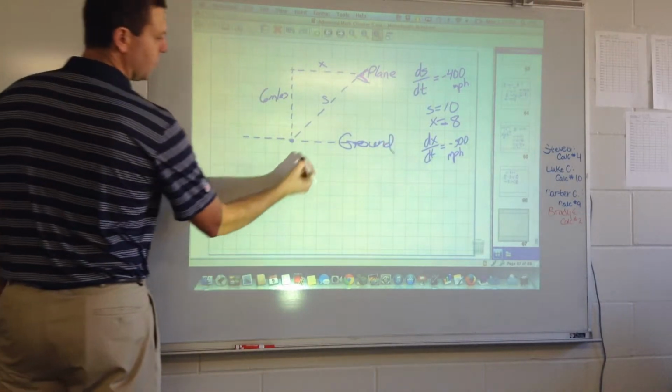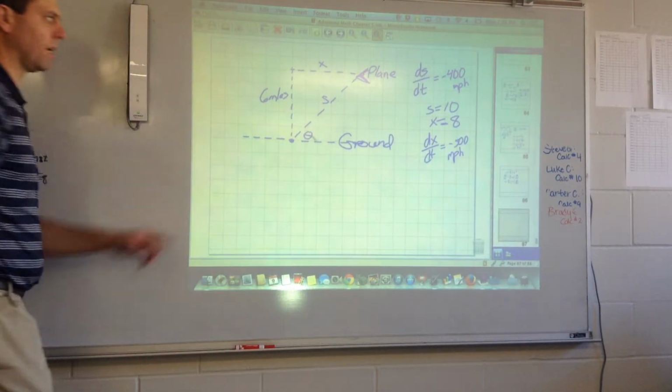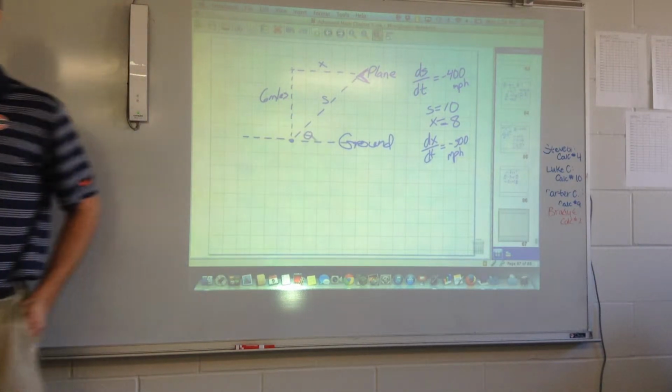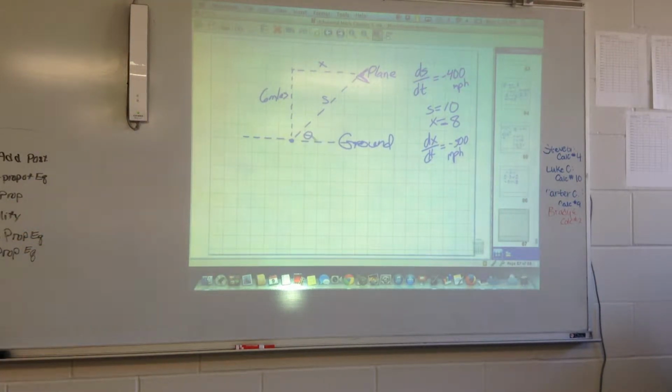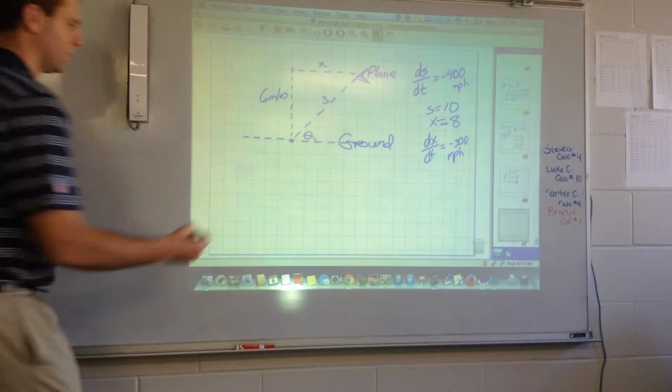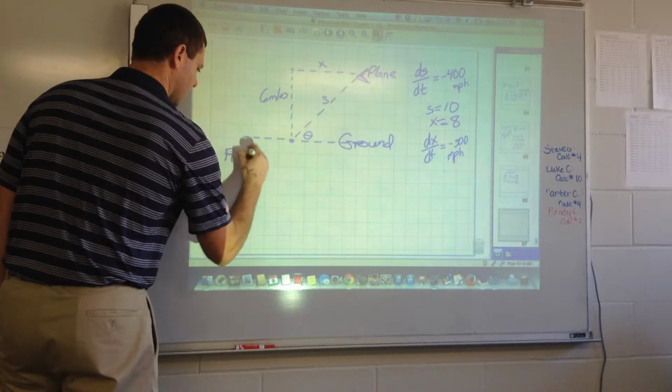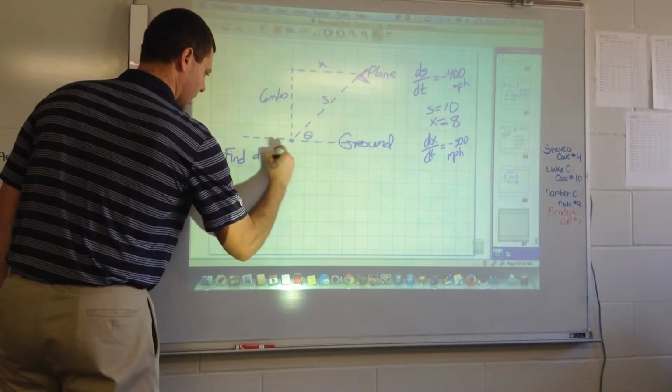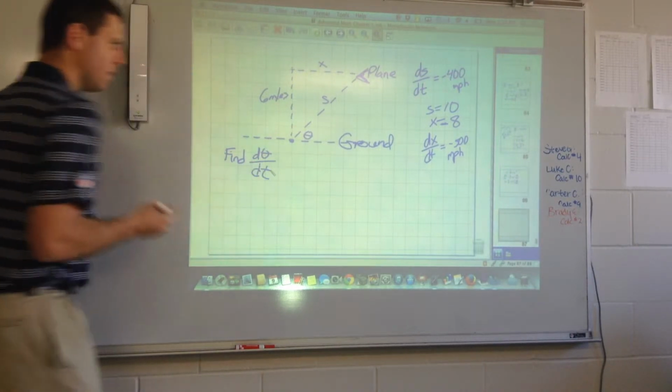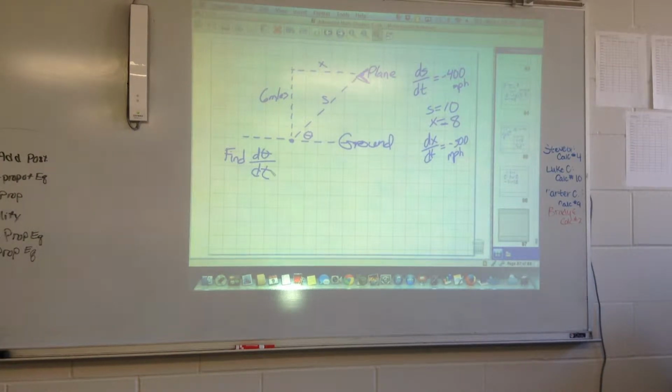Our angle of elevation would be this angle located right here. If I want to know how fast that is changing, I want to find d theta/dt.